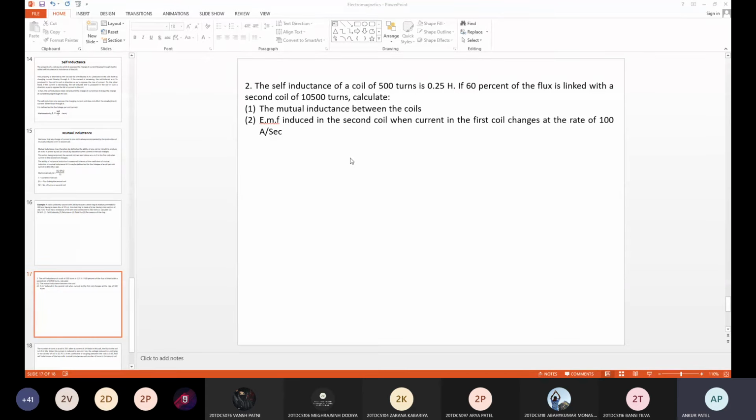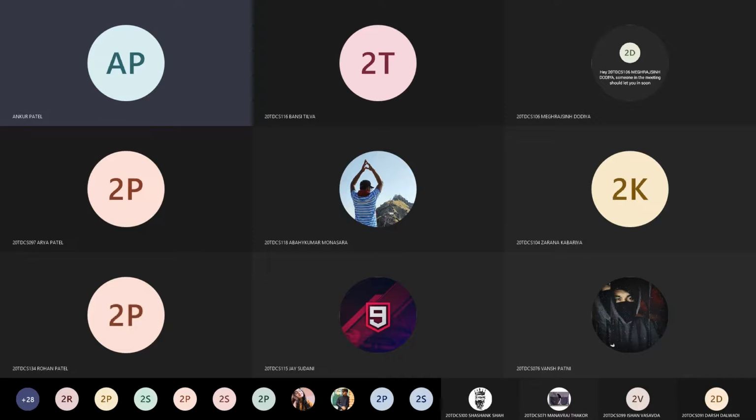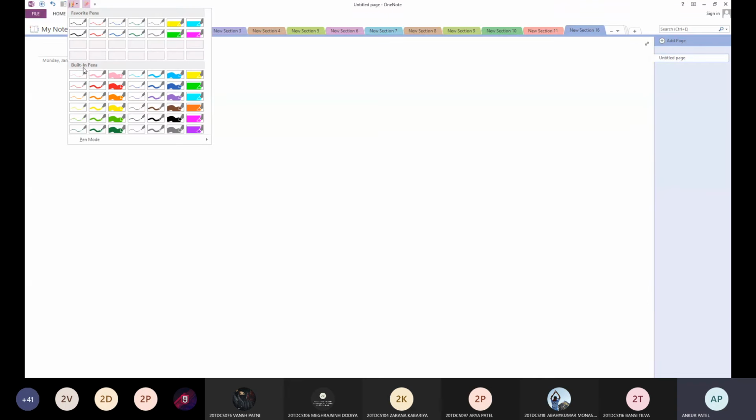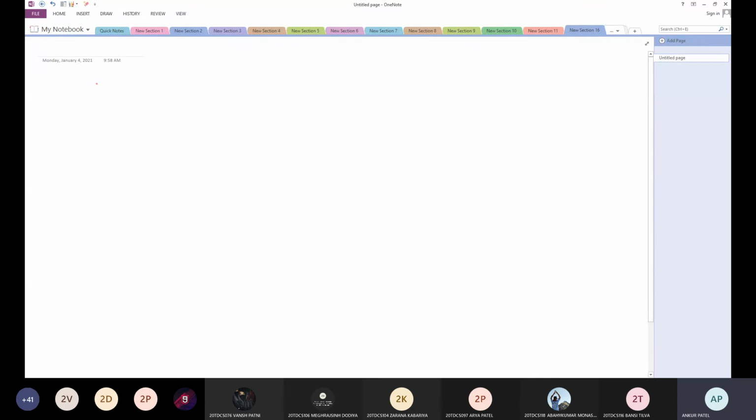M is equal to, what is the equation for mutual inductance? M is equal to... N di by dt, that is for induced EMF, mutual induced EMF.